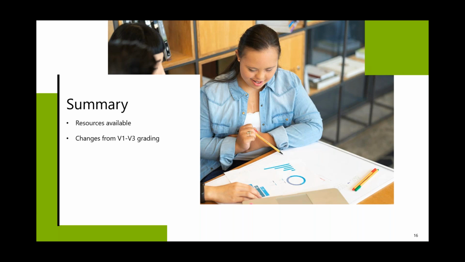Obviously, the main difference is the version 1 to version 3 grading. We've gone from an aggregated score to all pass criteria and all distinction criteria needing to be met to achieve. The only other main change between version 1 and version 3 is that resits will be able to be graded at a distinction.